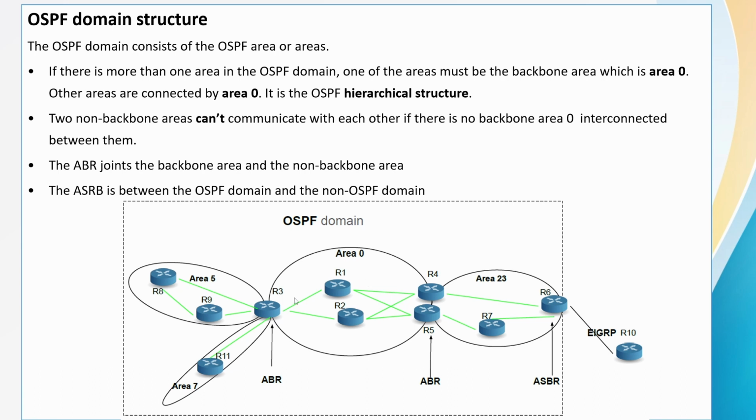If R3 doesn't have area 0, then even though these two areas directly connect, they cannot communicate. So that means a non-backbone area must be connected to the backbone area to communicate with each other.